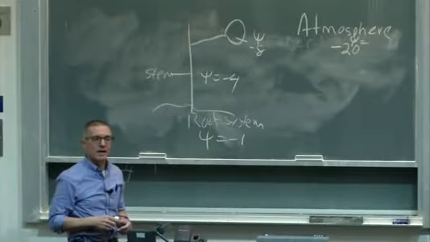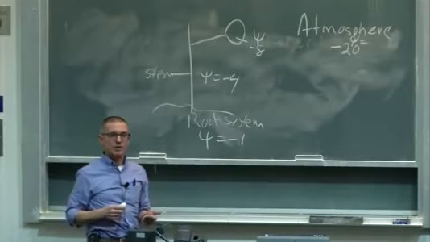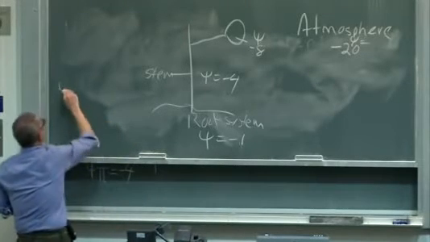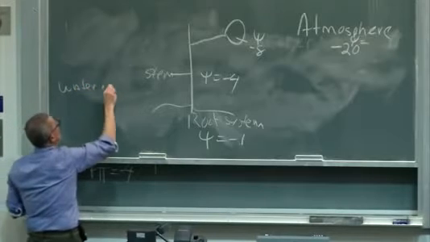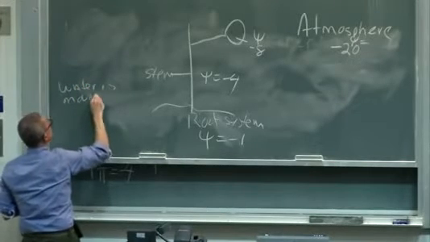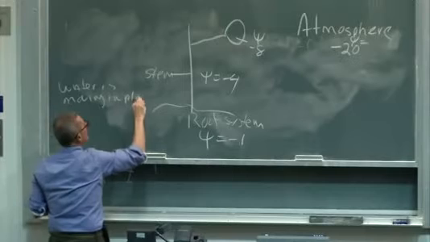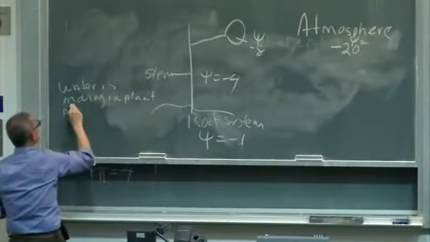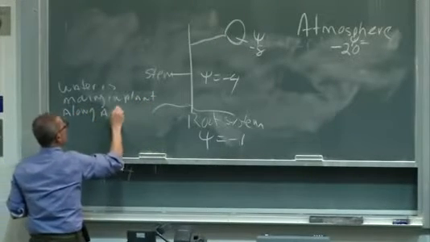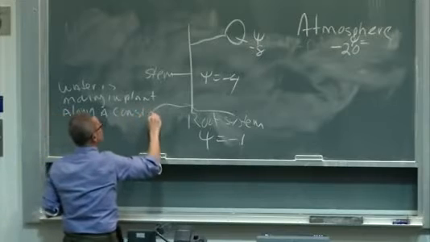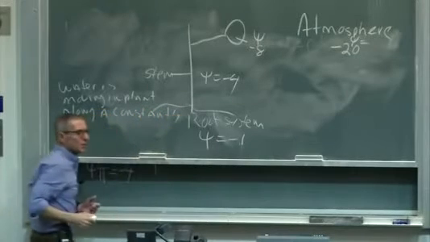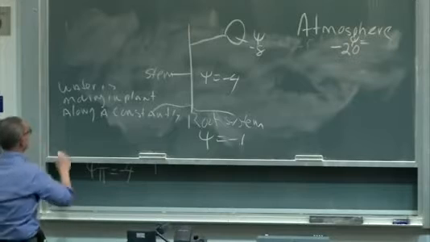Now what you should get out of this picture is that water is moving in the plant along a constantly decreasing gradient in psi.